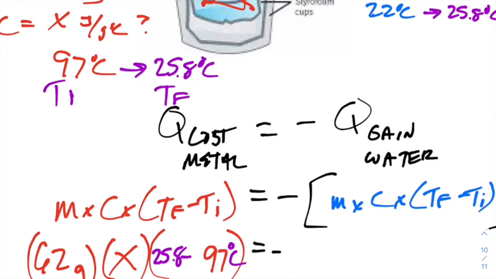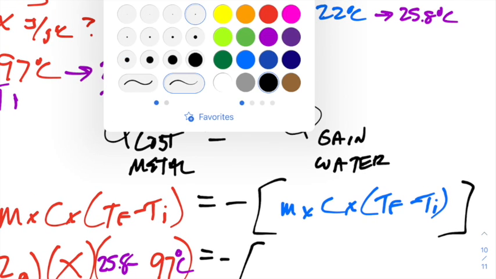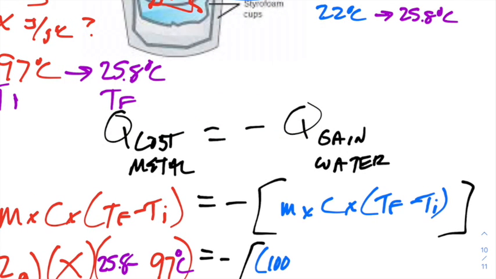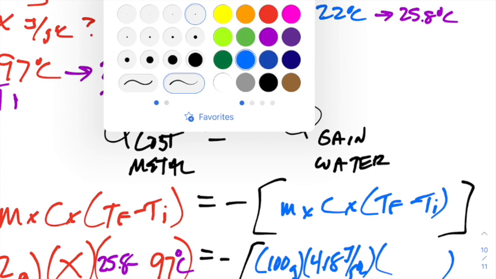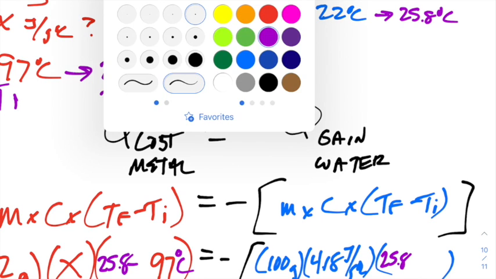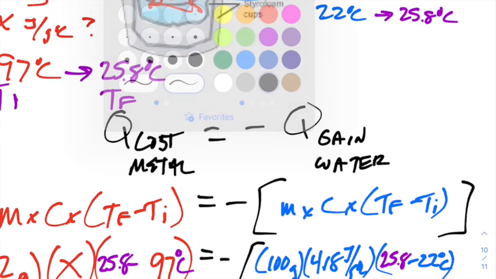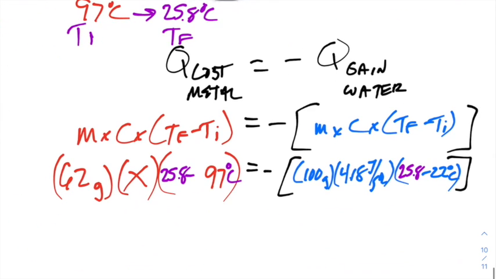And then that is going to be equal over here to the mass of the water, which was 100, times the specific heat capacity of water, which is 4.18 joules per gram degree Celsius, times the final temperature, which was 25.8, minus the initial temperature, which was 22 degrees Celsius.